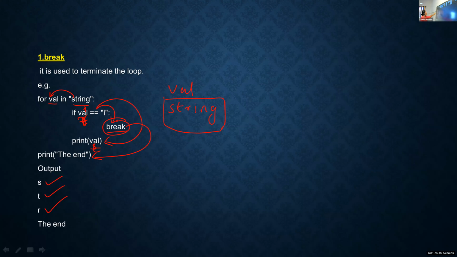But here, after R, we check I is equal to I. Here the condition is true. If the condition is true, I want to terminate the loop. For that, I'm using this break statement here. Is it clear, the use of this break statement?